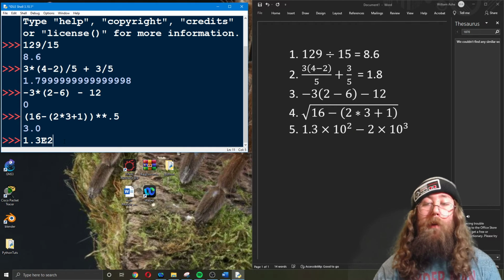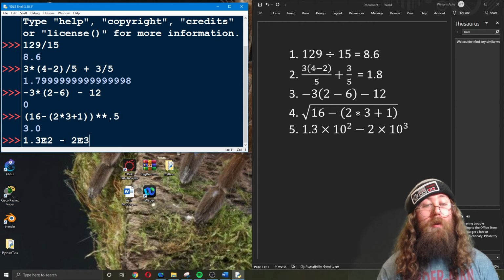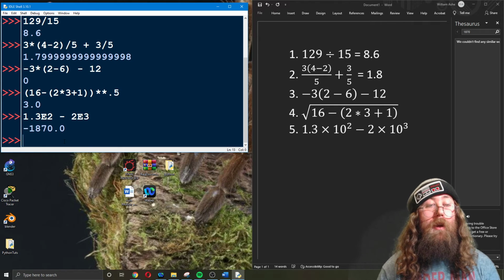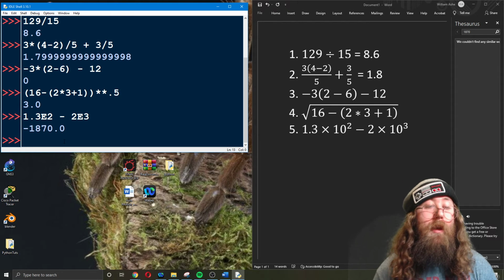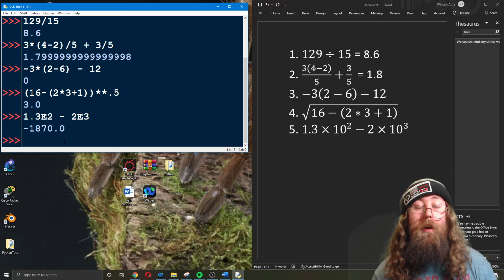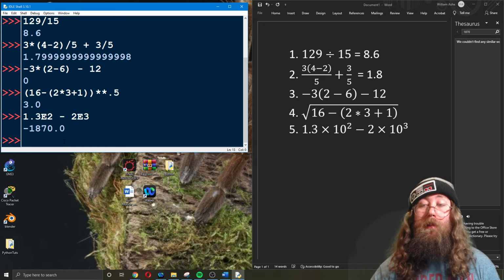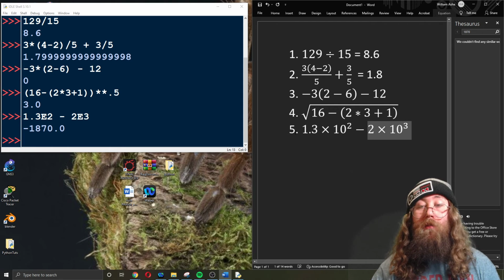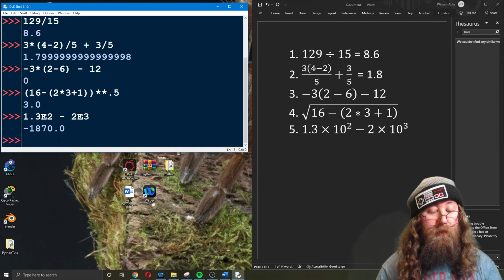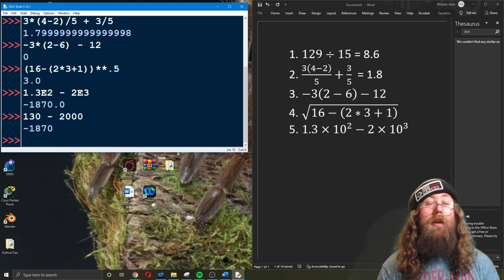If I then take away 2 times e to the third power, hit enter, I get the answer negative 1870.0. This is correct because 1.3 times 10 to the second is 130, and 130 minus 2,000, which is what this is equal to. So we got 130 minus 2,000, and if I just want to verify that, hit enter, you get the same answer.